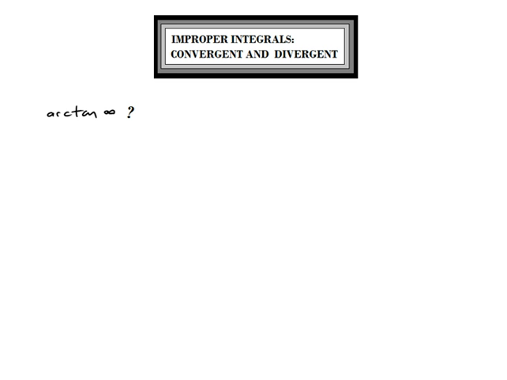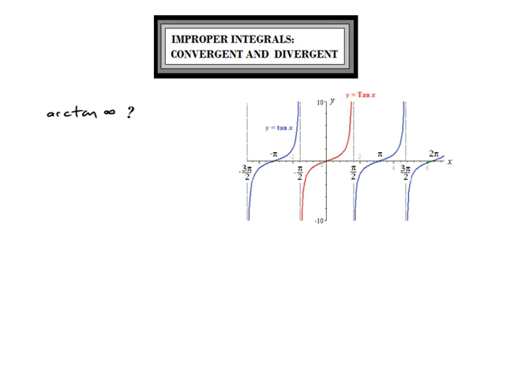Perhaps this is something you talked about in pre-calculus or earlier in this calculus year. The arctangent function is the inverse of the tangent function. However, it's a tangent function with a restricted domain from negative pi over 2 to pi over 2. We restrict the domain of the tangent function so that it passes the horizontal line test, so that it becomes a one-to-one function.